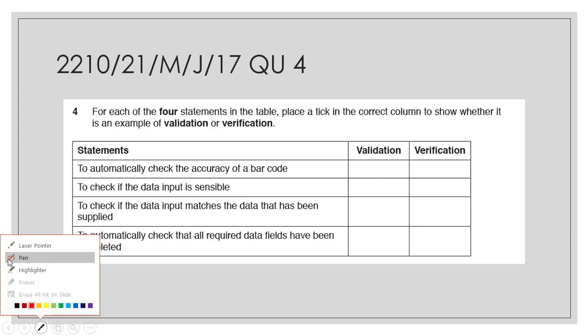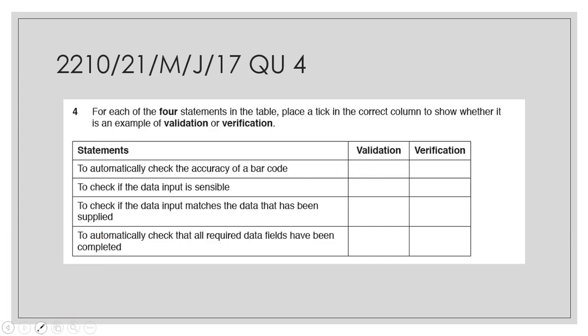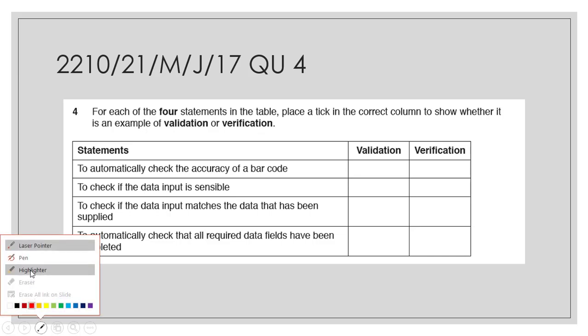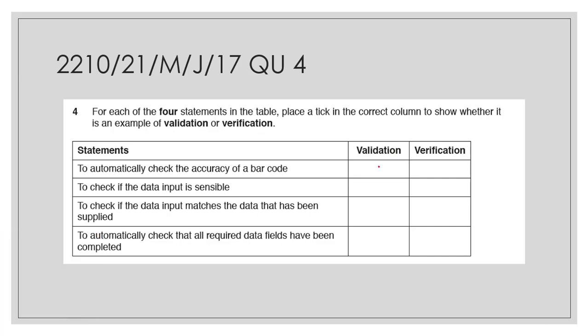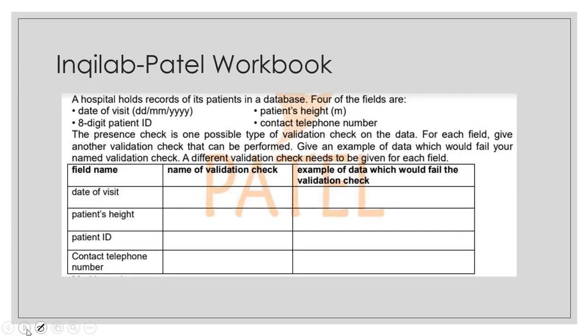In this case, that's obviously validation, because we have seen that we are going to use check digit for that. To check if the data input is sensible, not accuracy here, so validation. Data input matches the data that has been supplied, that's double entry, so verification. To automatically check that all required data fields have been completed, that's validation. So these are the answers for the exercise.